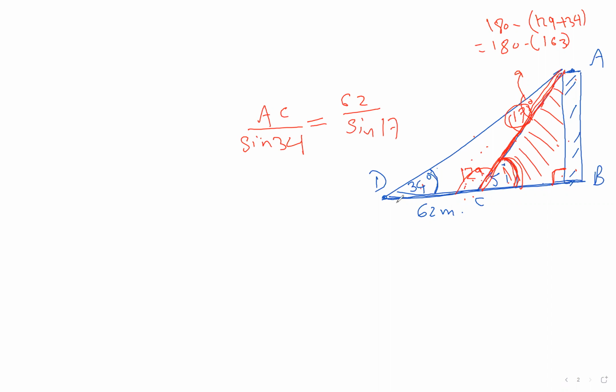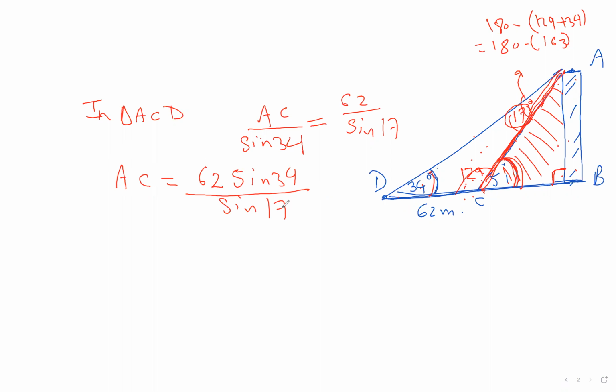In triangle ACD, we are already given the angles. So AC over sine 34 equals DC, which is 62, over sine 17. And to find AC, use cross multiplication: 62 sine 34 over sine 17.